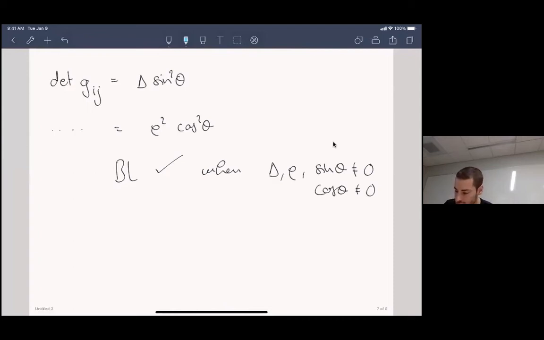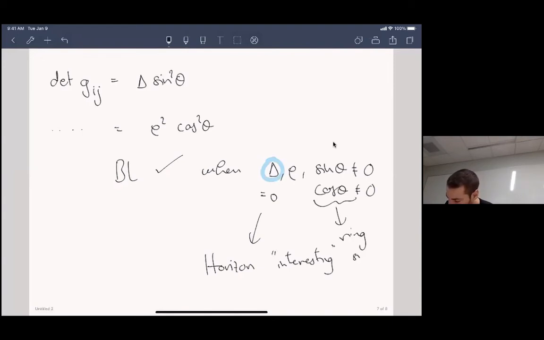Now, it turns out that when this is 0, it's going to correspond to the horizon. So this is actually interesting. This is going to correspond to the ring singularity, which is also interesting. So I put them in the interesting pile. The same goes for rho. Rho incorporates the cosine; remember rho squared was r squared plus a squared cos squared theta.